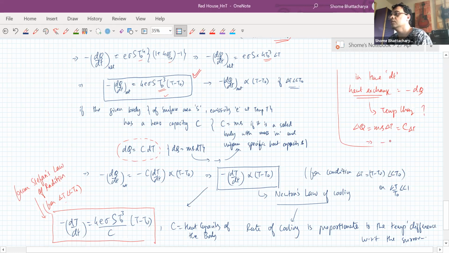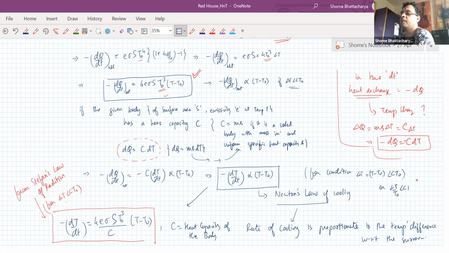So dQ is heat capacity into whatever temperature change is happening. That temperature change will be a negative quantity, so we'll write it as minus C dT. So removing dQ amount of heat will result in a temperature drop of dT, or the temperature change will be minus dT. So we can replace that minus dQ in the numerator with minus C dT.